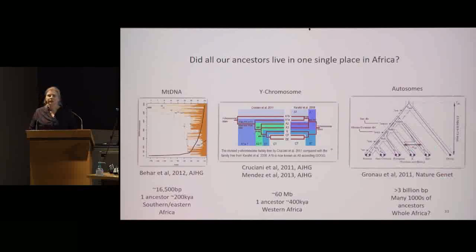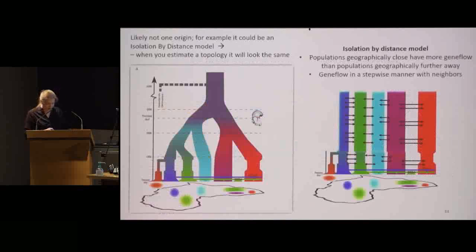And this is the population tree that we look at when we have a population tree like this. Underlying this are thousands and thousands of different topologies, and it's not necessary that all of the ancestors of those separate topologies lived in a single place. They could have lived in different places in Africa, for instance, like the mitochondrial Eve and Y chromosome Adam, and they could coalesce at different times.